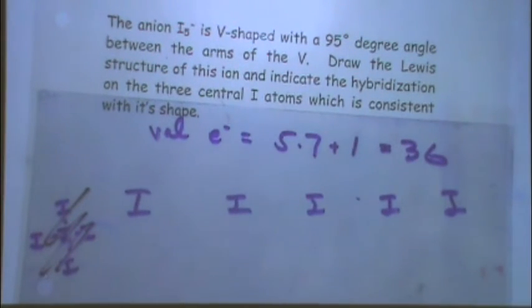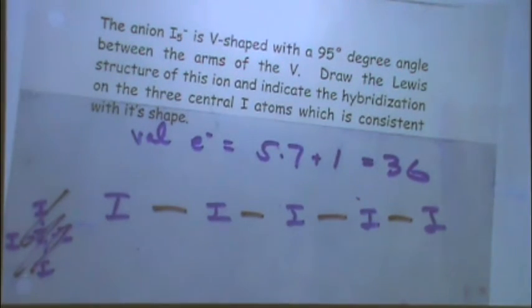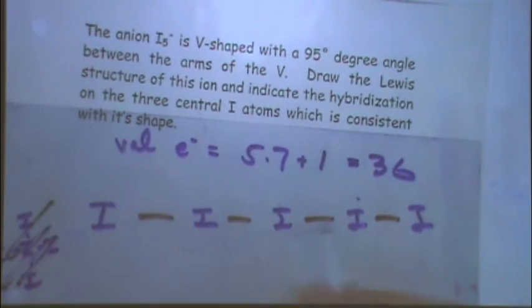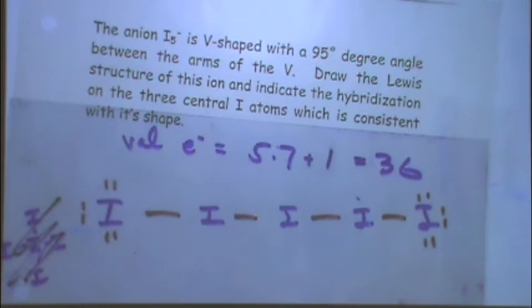Okay? All right, so this is what we got. It's 2, 4, 6, 8 of 36. Now I go to the terminal, or the external atom. So let's see, 2, 4, 6, 8, 10, 12, 14, 16, 18, 20. So now I'm at 20 of 36.